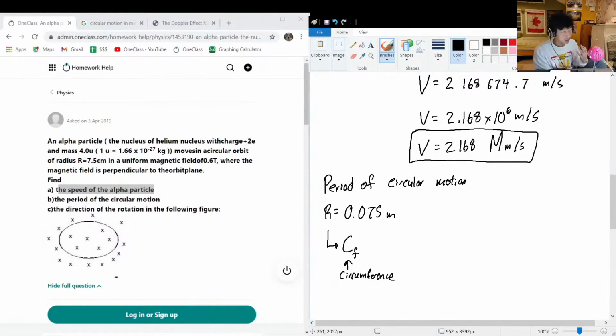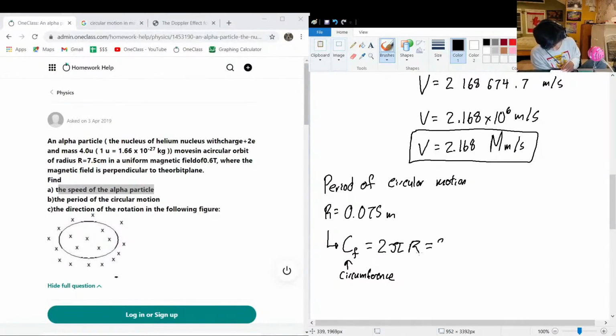Now I'm not using just C directly because we do have charge that we used previously, and I don't want the C for circumference to be confused with C for Coulomb, so I'll use CF instead. The circumference of a circle is 2 times pi times the radius.